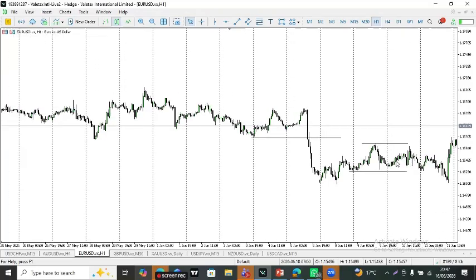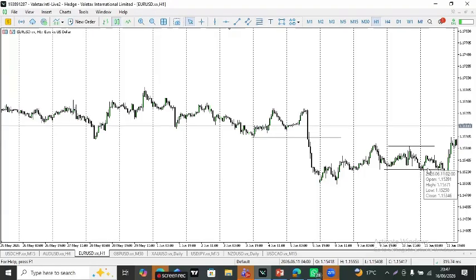Okay, price action moves on. So we have that low, then we have the next day here. This is the next day. So the highest price for the next day marks our external structure. Then we have the lowest price for this next day, again marking our internal structure.